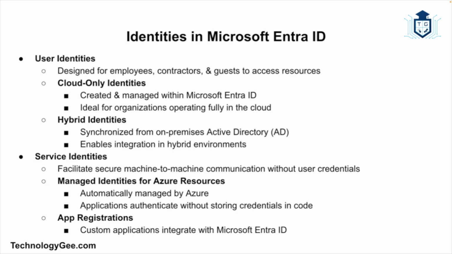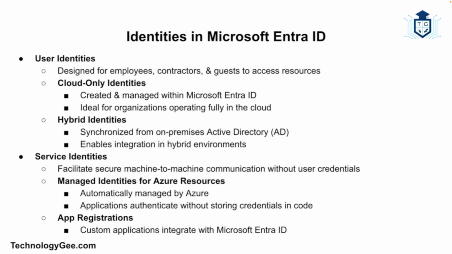All right, so let's talk about the identities in Microsoft Entra ID. Microsoft Entra ID supports multiple identity types to meet the needs of diverse organizational scenarios. Each type of identity is designed to provide secure and seamless access while catering to specific use cases. The first one is user identities. These are associated with individual users within an organization, and these accounts allow employees, contractors, or guests to access organizational resources.